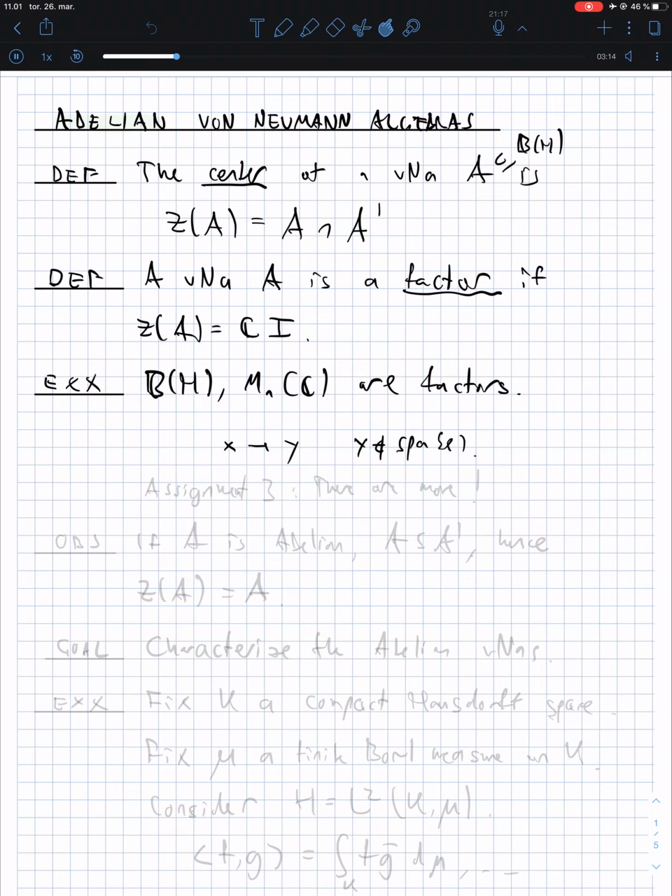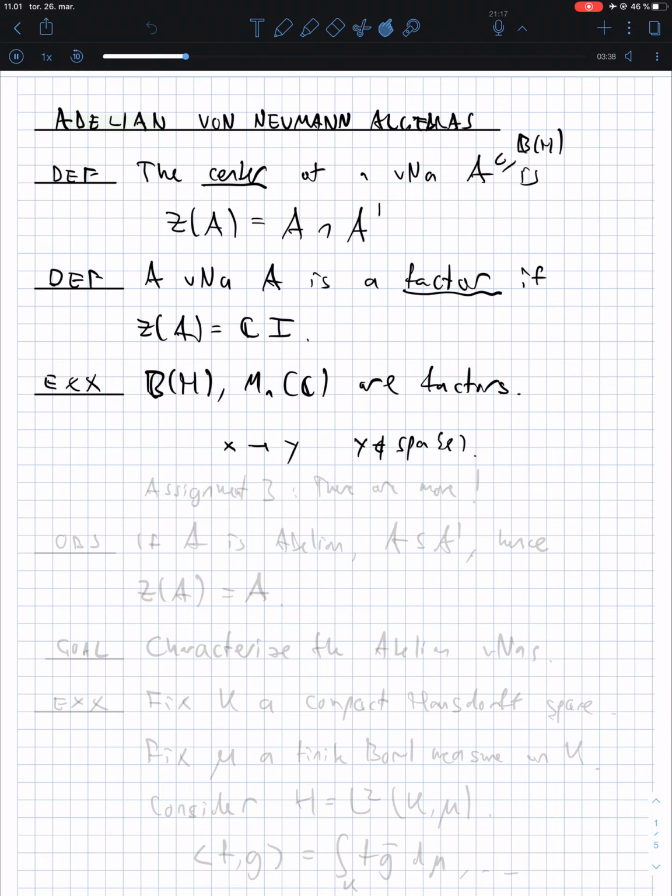And if you have an operator like this, then it's fairly easy to find something that doesn't commute with it, because essentially you look at the operator which sends x to y and y to 0 or something like that, and then they will not commute. So showing that these are factors is relatively straightforward.